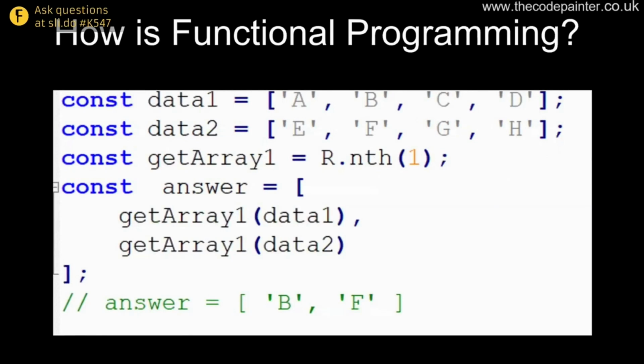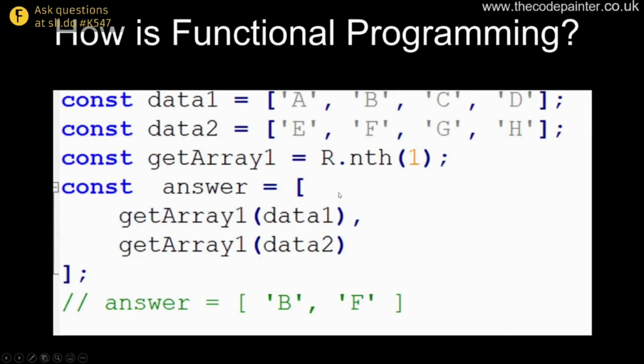But what we can do is we can only give it the 1. We haven't given it the data at this point. So what that means is that getArray1 here is now a function. It's a function that, given any array fed into it, will give you whatever is in position 1 in that array. So now I've defined 2 arrays, data1 and data2.